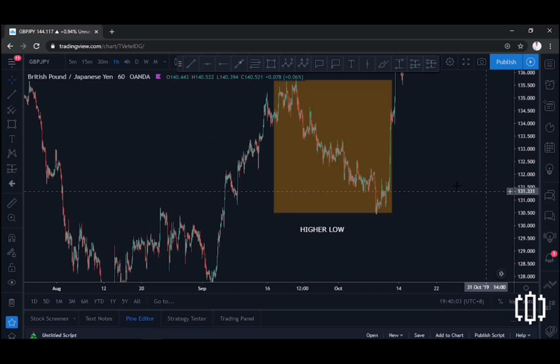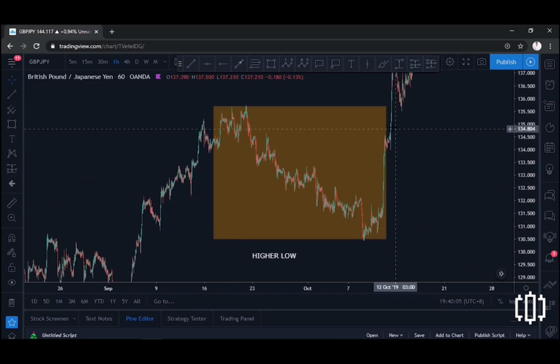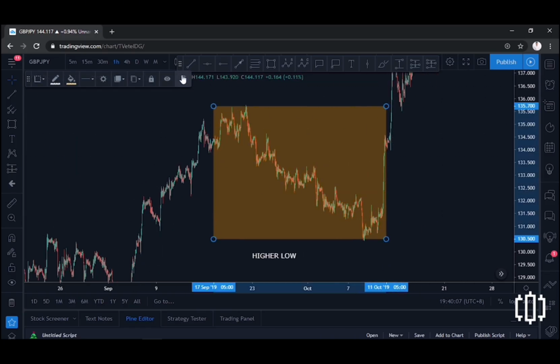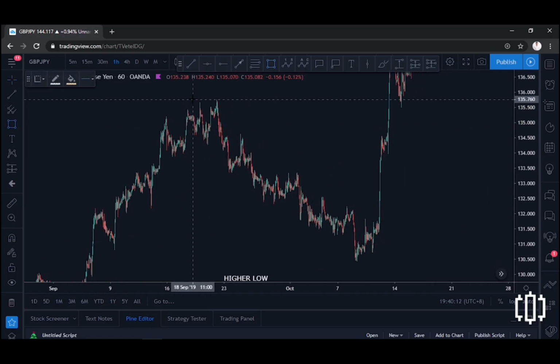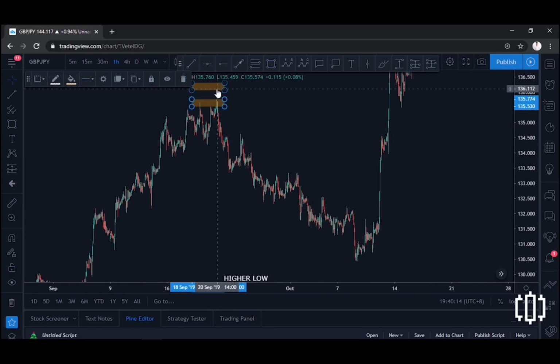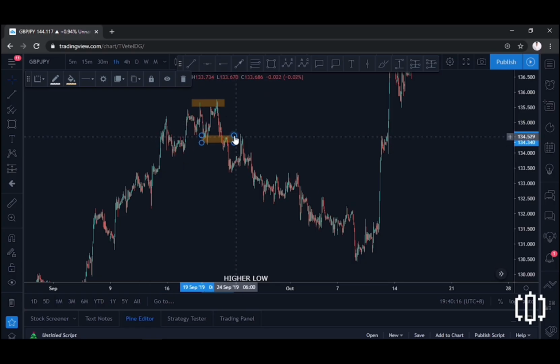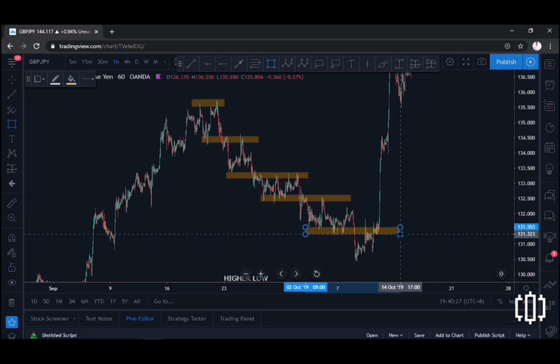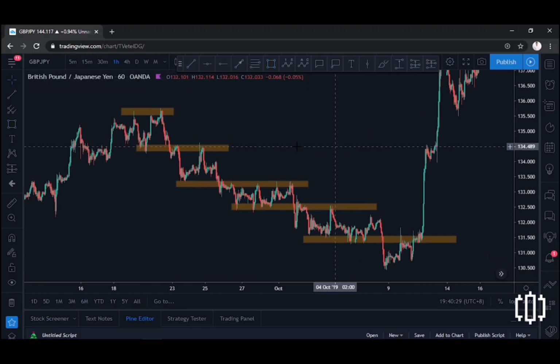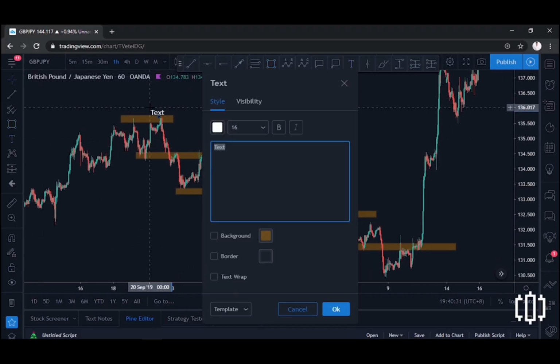Kasi ganito yan. Since we are looking for the trend, quote-unquote trend, ang sinasabi ng iba, okay, which is tama naman. Okay, so let's plot support and resistance here. Okay, plot support resistance. This one. This one. And this one. Okay? So tama naman. I can see that this is the high.